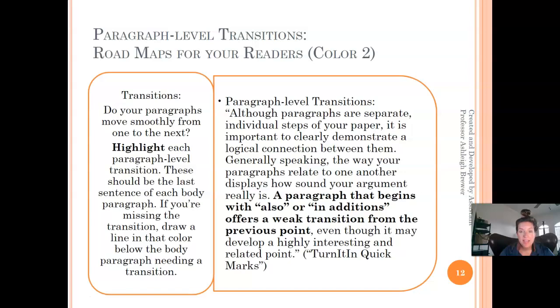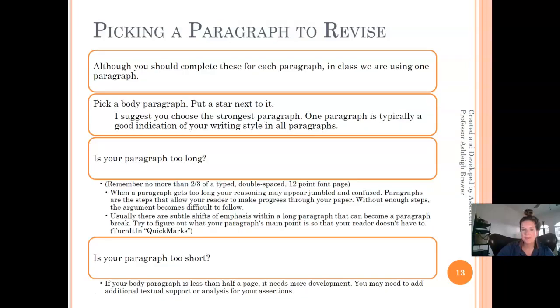We have that on our outline, right? That's something that we did together in class. So you should have your transition sentence on there and be able to see how it shows up as the last sentence in your paragraph. So look for that. Make sure that it's in there. If it's not, put it in there. If it's there, can you make it better?